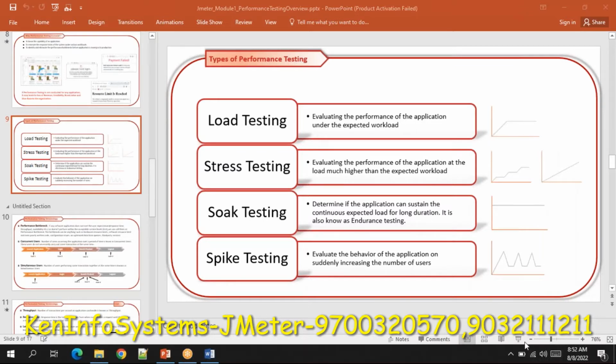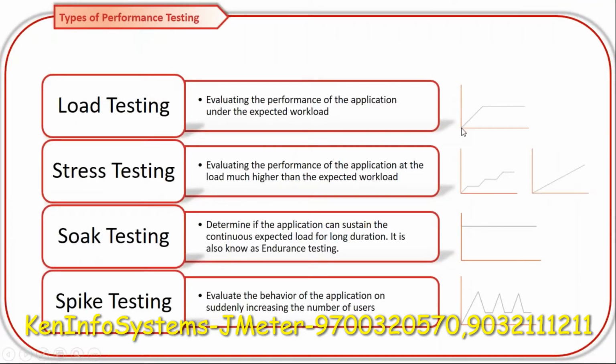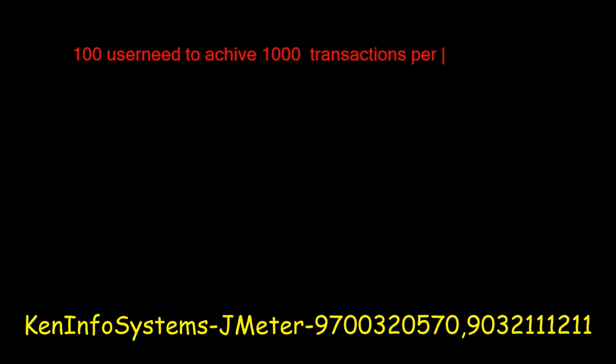So if you see this graph, here the requirement is 100 users need to achieve 1000 transactions per hour.